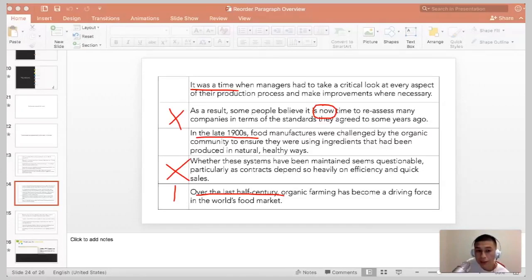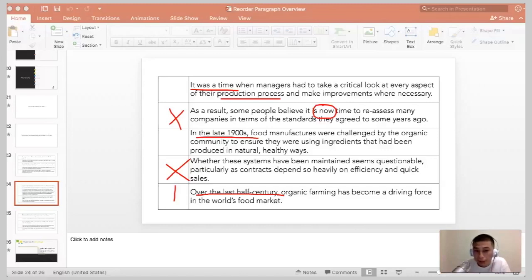So we need to establish which one of these directly connects to the content down here. But we can read both of these sentences now because the information has to connect. So it was a time when managers had to take a critical look at every aspect of the production process and make improvements where necessary. They're talking about production process.